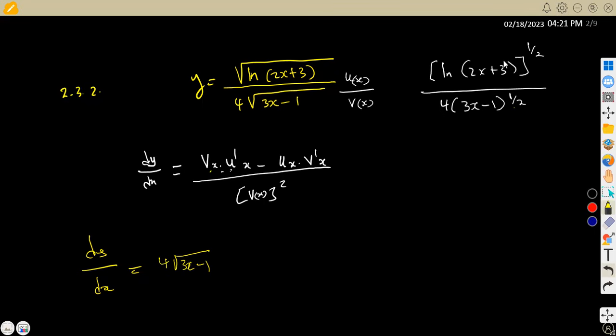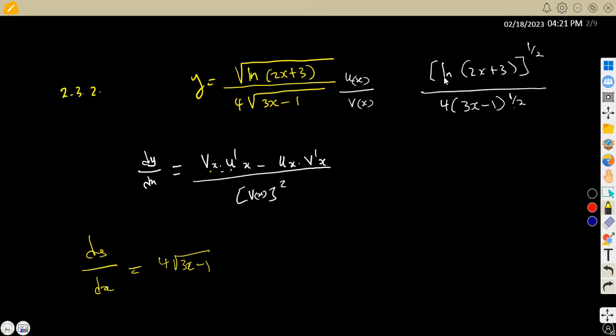Remember what we did previously to find the derivative. This is a function of a function, where you need to find the derivative of the function inside. Let's use the ln, guys, as the whole function.